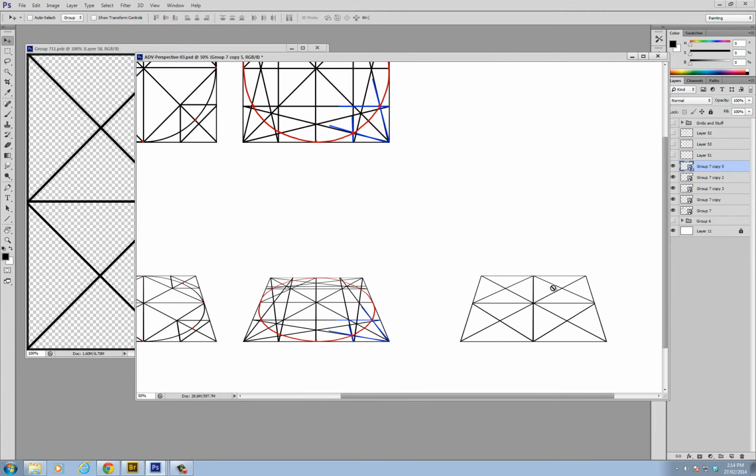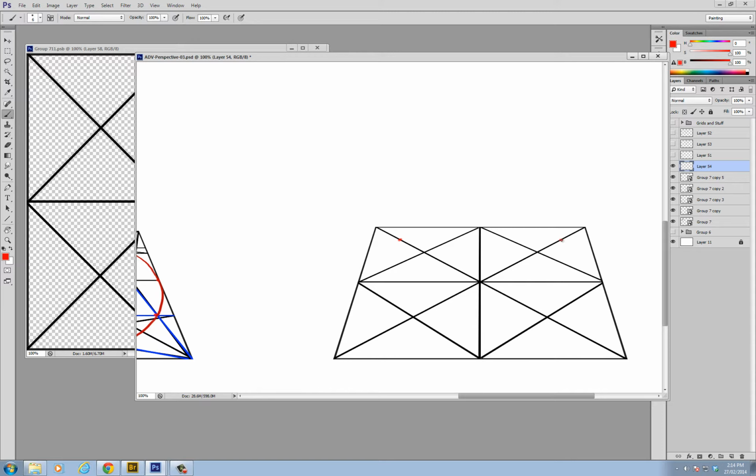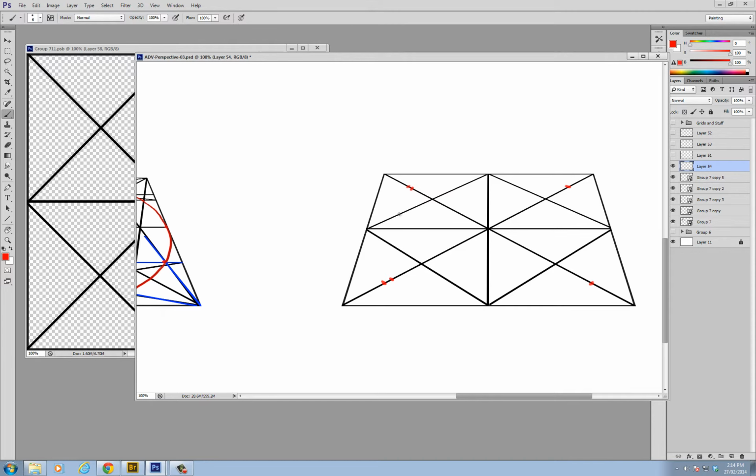And what I can do is go, okay, halfway might be there, halfway might be there, halfway might be there, halfway might be here. And then I can either mark on some extra points, or I can just try and draw an ellipse and try and not quite hit. So we'll try maybe a bit of both.